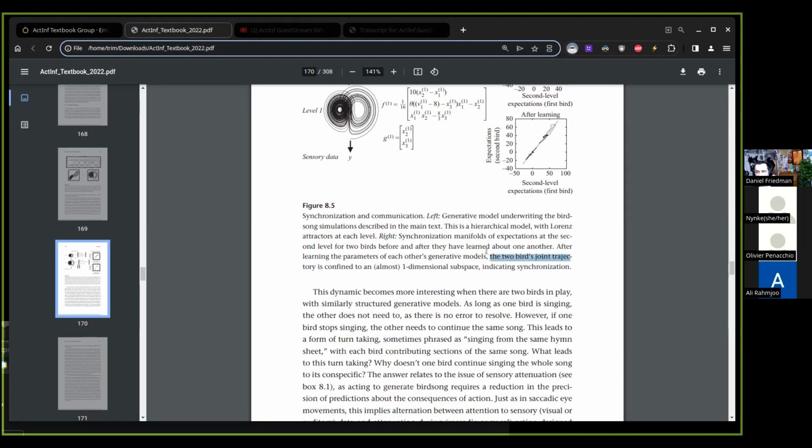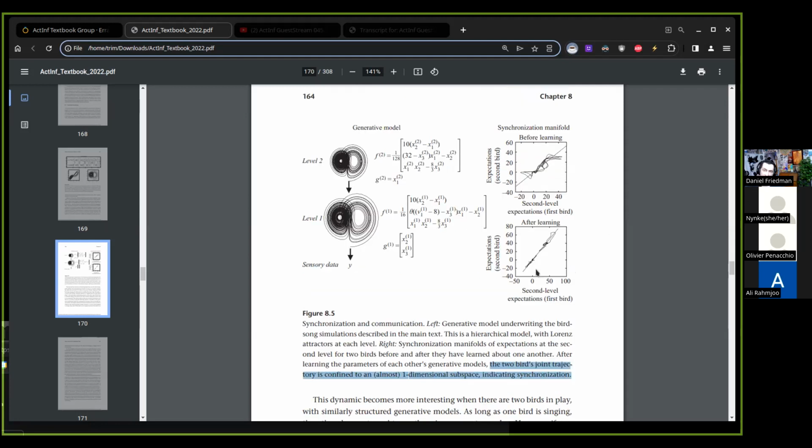The two birds' joint trajectories are confined to an almost one-dimensional subspace, indicating synchronization. Also, it's kind of a cool nod to fractal dimensions. If it was perfectly on this line, you'd only need one dimension. If it was purely covering the whole 2D space, you would need two dimensions. So then you can think about this as being slightly higher than one-dimensional.